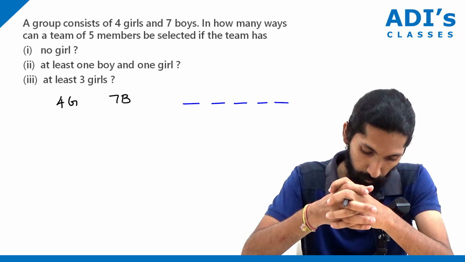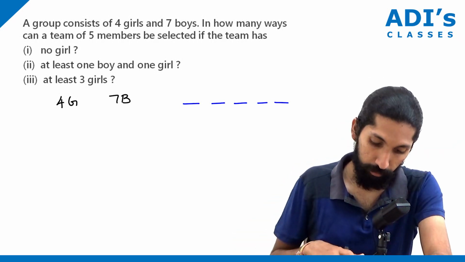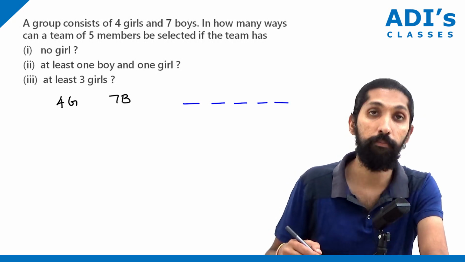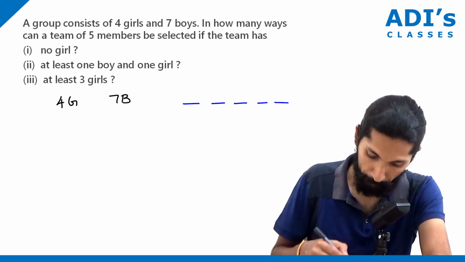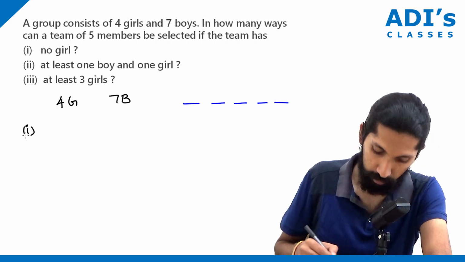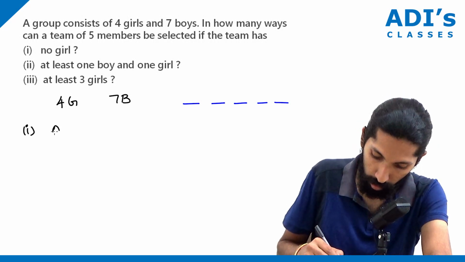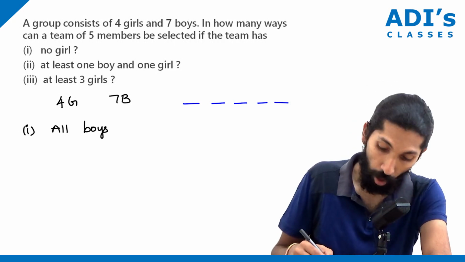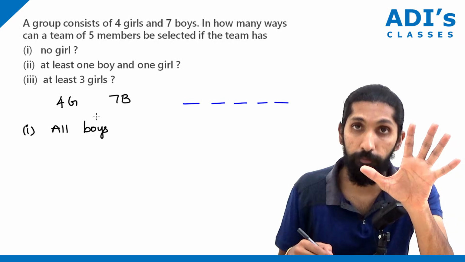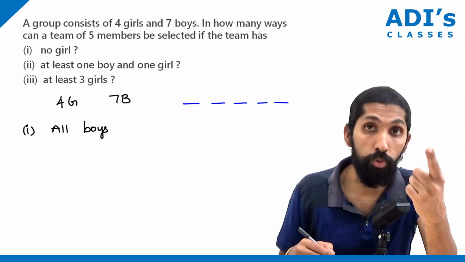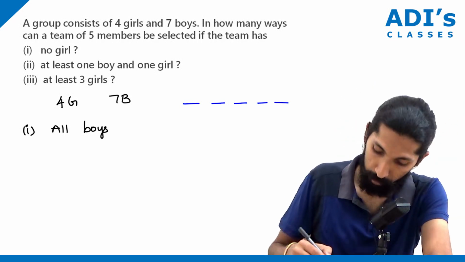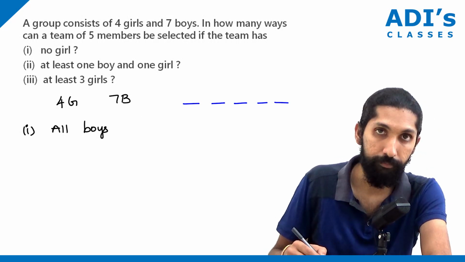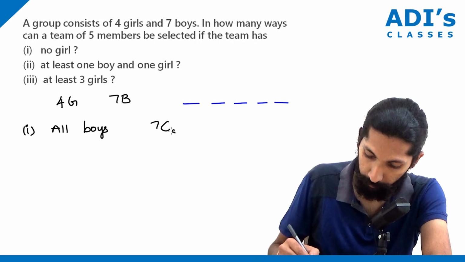All right. So in how many ways can a team of 5 members be selected if the team has no girl? That means it's all boys. No girls is the same as this. So out of 7 boys, we need to select, or choose, 5. So the first answer, all boys combination, is 7C5.